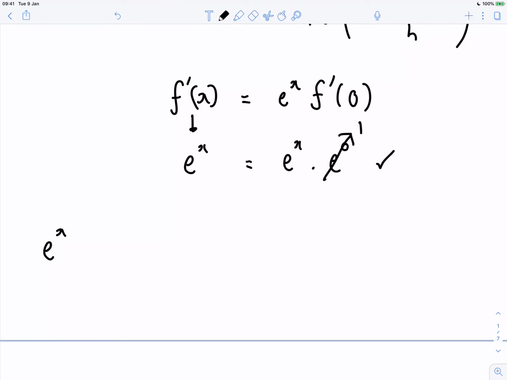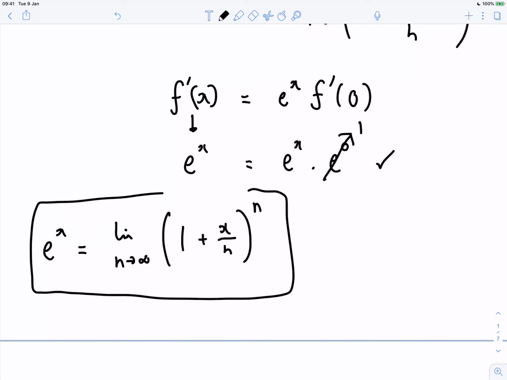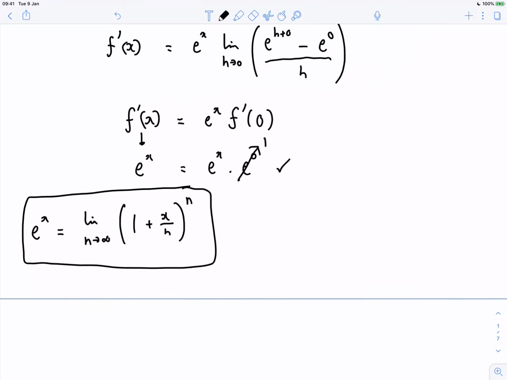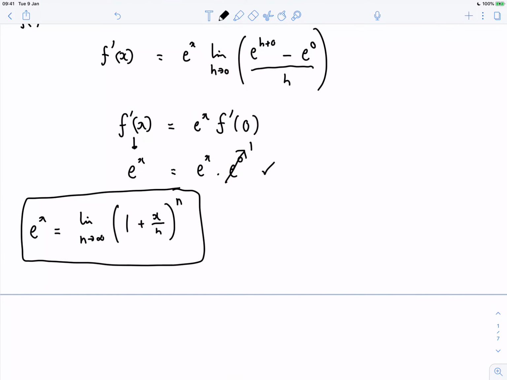But another way of writing e to the x is that it's the limit as, let n tend to infinity of 1 plus x over n to the power n. And this is to do with infinitely compounding interest. Well, let's just do the Taylor series so you can see where it comes from.